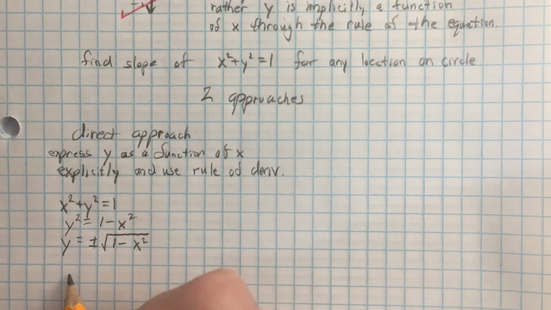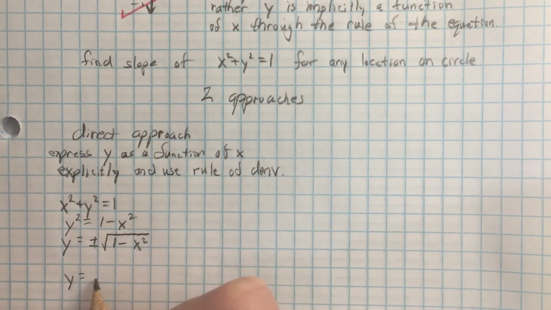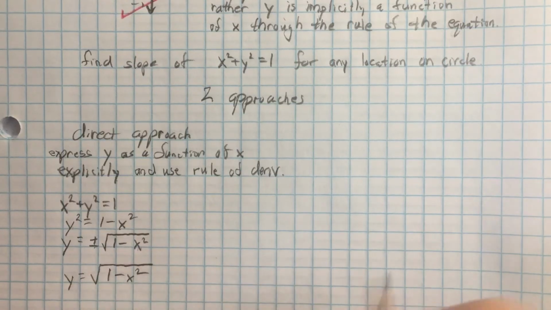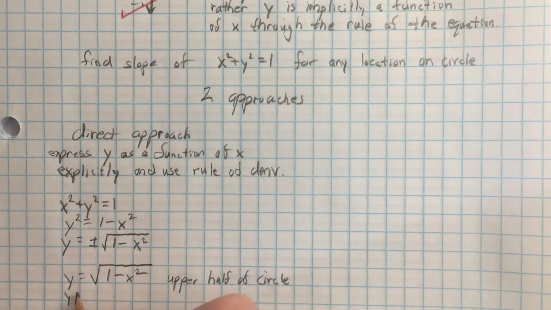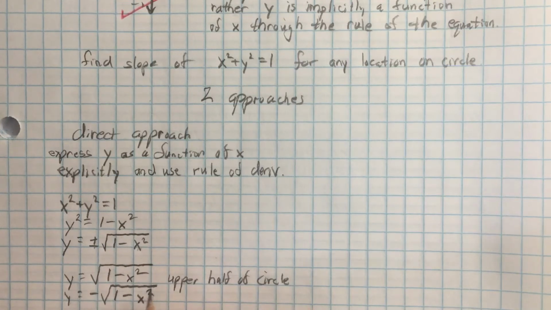But I can split this into two cases. Y equals the positive root of 1 minus x squared, which is the upper half of the circle, where the y values are positive, and I can take y equals negative, the other option, but I've got to separate them out. Y equals negative root 1 minus x squared is the lower half of the circle.